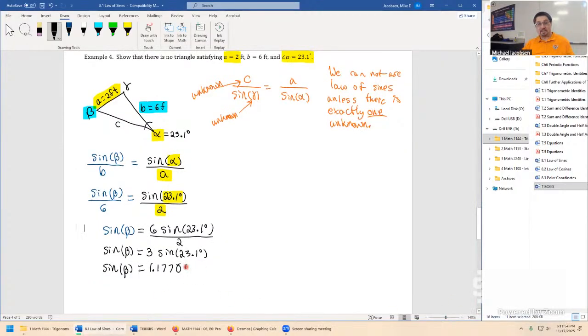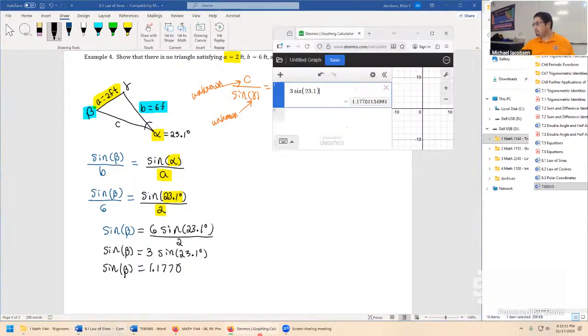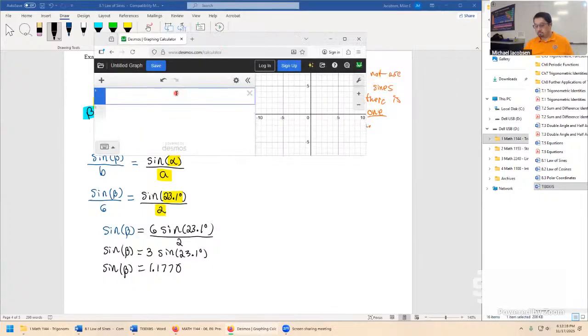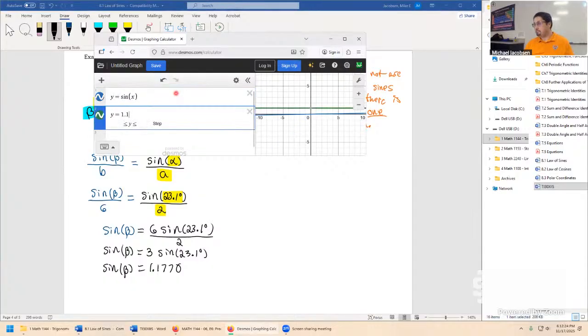But this might look kind of funny to you. Anyone see something that's kind of off about this equation or any questions at the moment in general? While we're thinking about that, let me plug in a quick graph of sine.